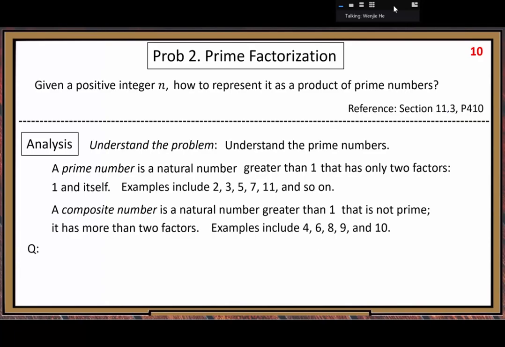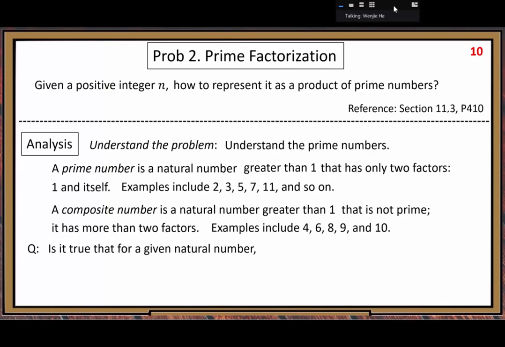All right. Now the question. When we understand this topic, we need to ask a few questions. The first question: is it true that for a given natural number, what's a natural number? The meaning of natural number could be slightly different in different places.